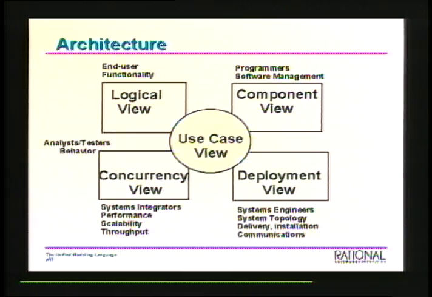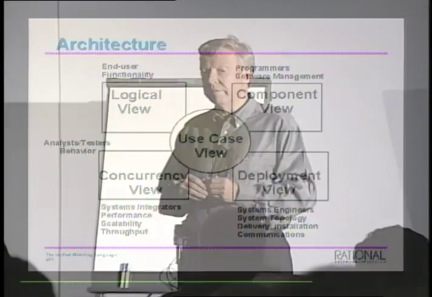Now, architecture is that part of these views that are the most significant parts of them. So it's the most interesting aspects of the system, the views that represent the architecture.